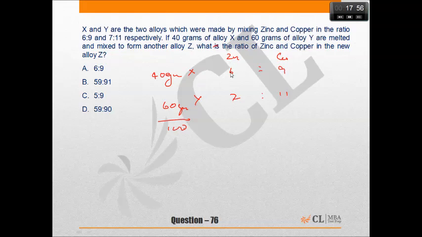So 6 by 9, 6 by 15, the total is 15. So 6 by 15 is 40%. 40% of 40 is 16 grams. Now 6 by 15 of 40. Yeah, 5 3s are 15, 5 8s are 40.